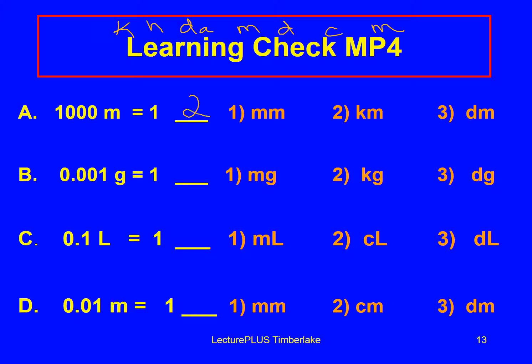So I would pick number 2 here. 0.001 grams. And converting this into 1 of something. I've got to move my decimal 1, 2, 3 times, and that would be 1 milligram. So move 1, 2, 3.